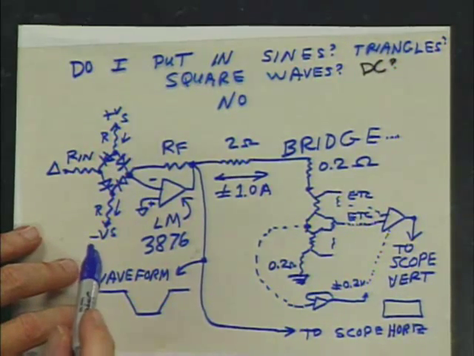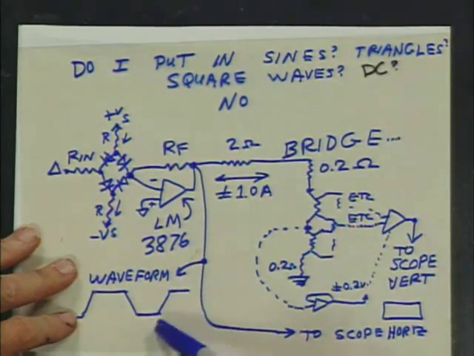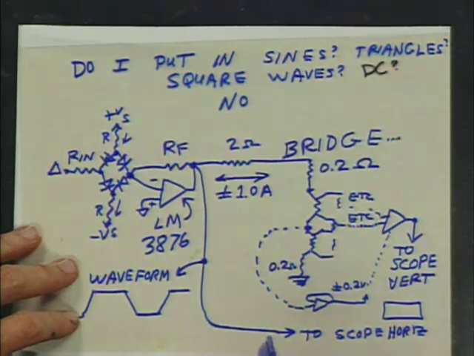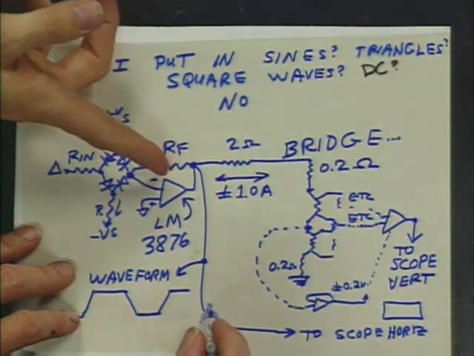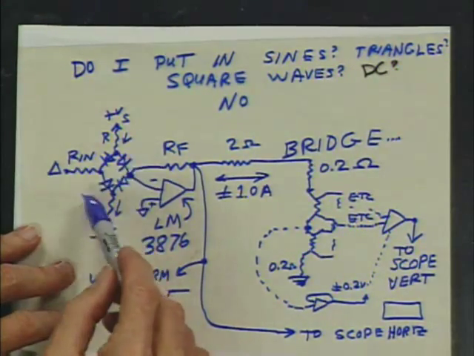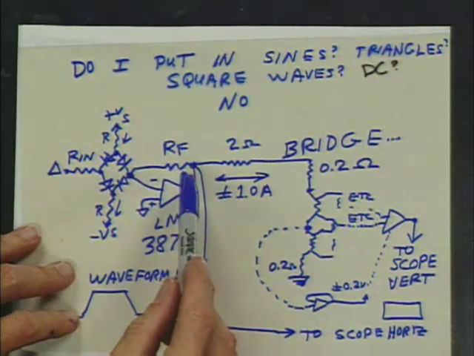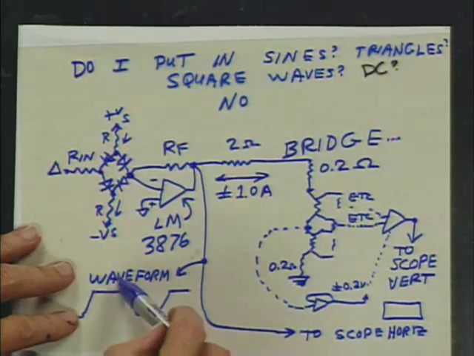And then you can cross-plot it on a scope. Right, and I cross-plot this on the scope. The scope gives a cross and up and cross and down. This is a trapezoidal waveform, and a trapezoidal waveform gives best results. And that's not a trapezoid because of slew rate limit on this amp. We put the triangle wave in here with the trapezoidal result to get out the output with the trapezoid, which is up and down, up and down.